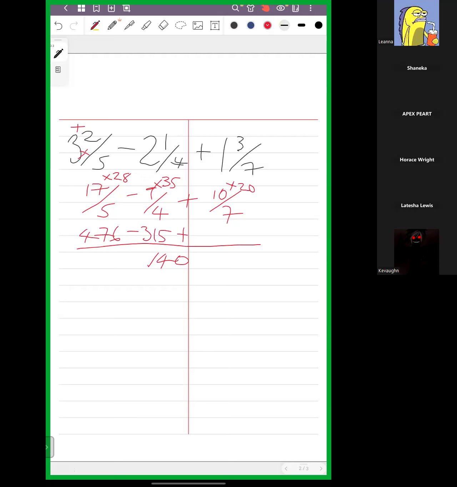And 10 multiplied by 20, that's going to give us 200. So we now process the calculation on the line. That's 476 minus 315 plus 200. That's going to give us a total of 361 over 140, pardon me, 140.